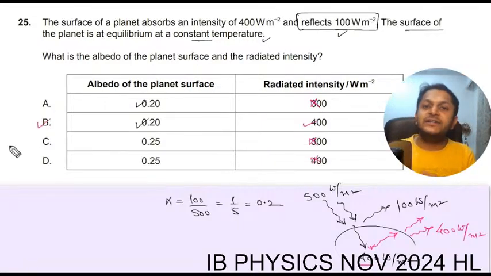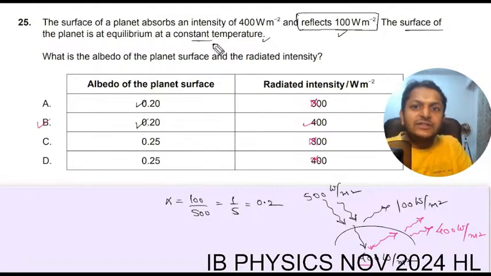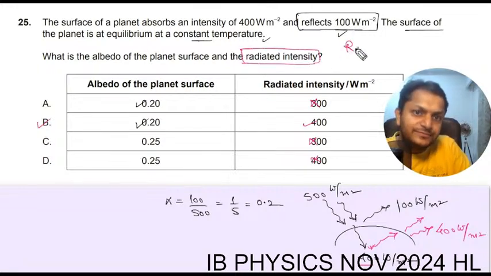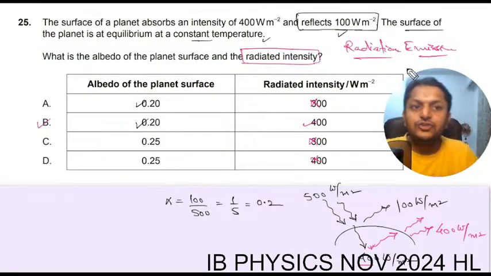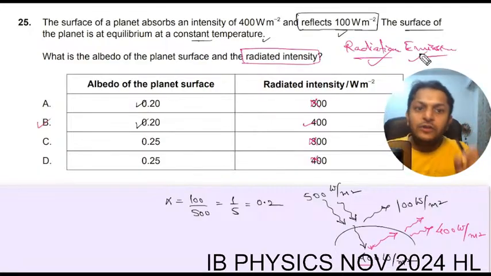But there might be another doubt for the students, why the radiated intensity is not taken as 500 instead of 400. So my dear students, listen to this. If we talk about radiation, or let's say emission, the emitted energy or radiated energy, these two words, always remember these keywords, they do not include reflection in their calculation.